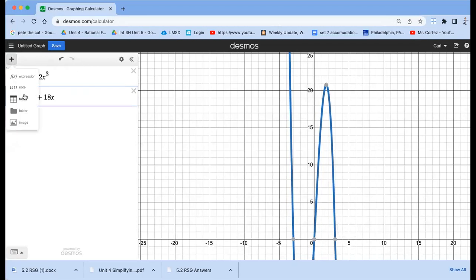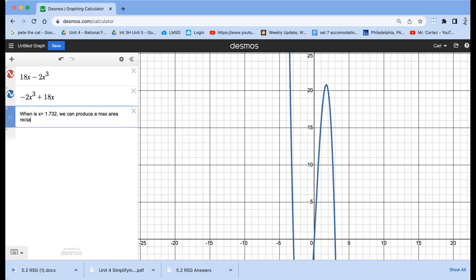So why is that important? Well, we're able to say that when x is 1.732, meaning that from 0 to 1.732, that's the ideal half of the rectangle, it's going to produce an area of 20.785.